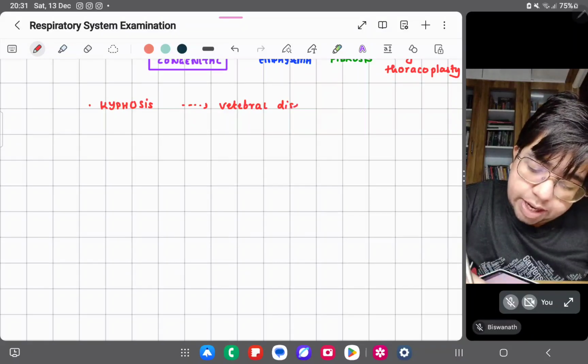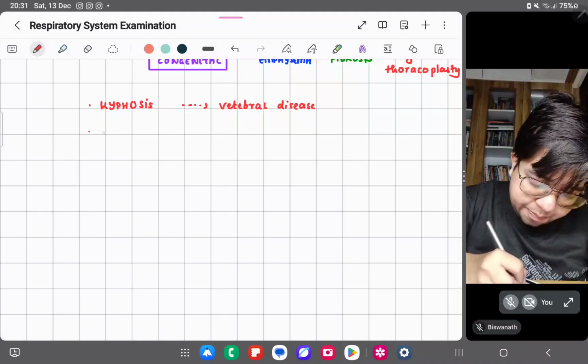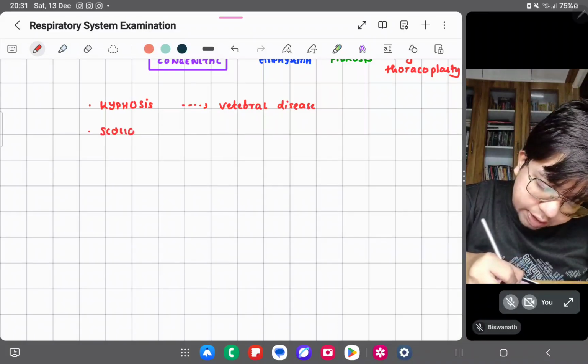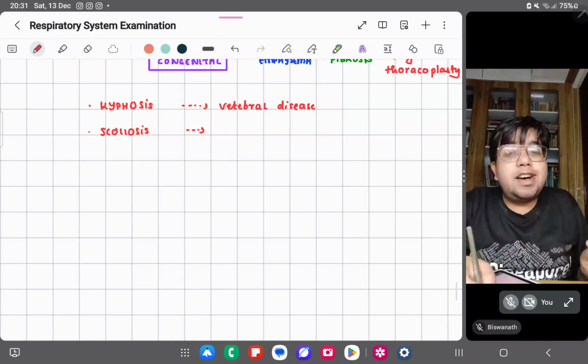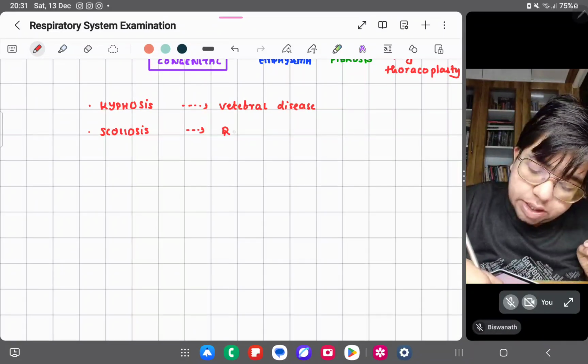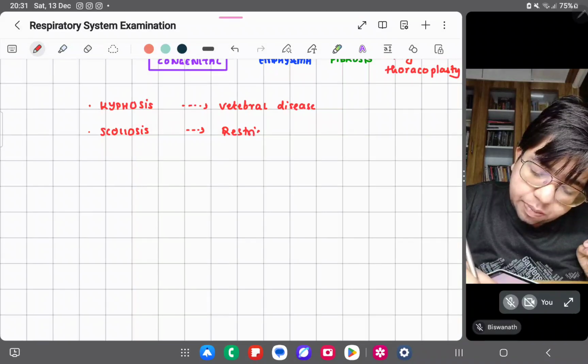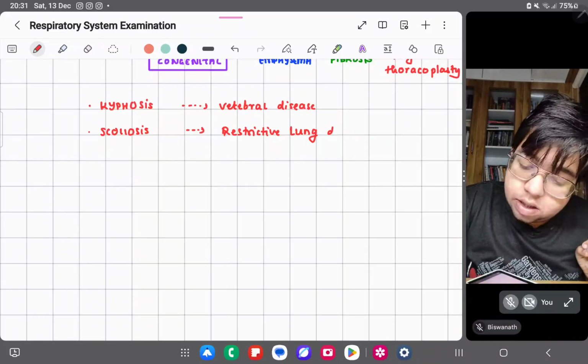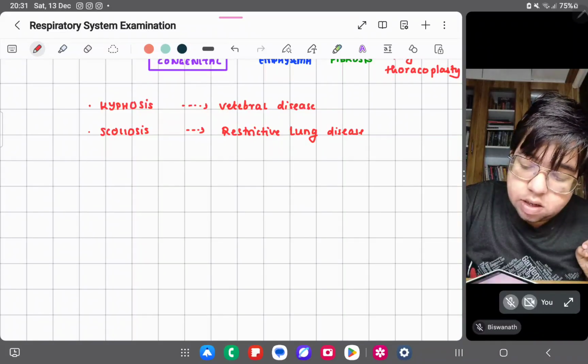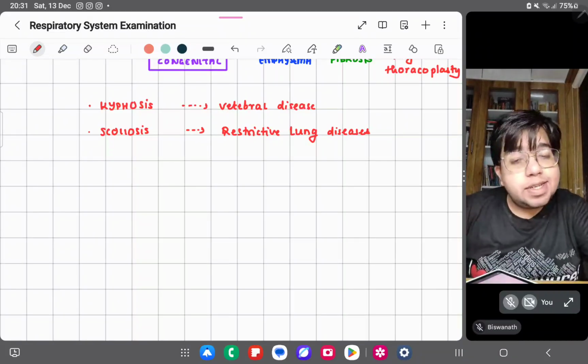You can suspect any vertebral disease or disease of the spine. Scoliosis is a common feature in restrictive lung diseases, right? Kyphosis and scoliosis. Okay.